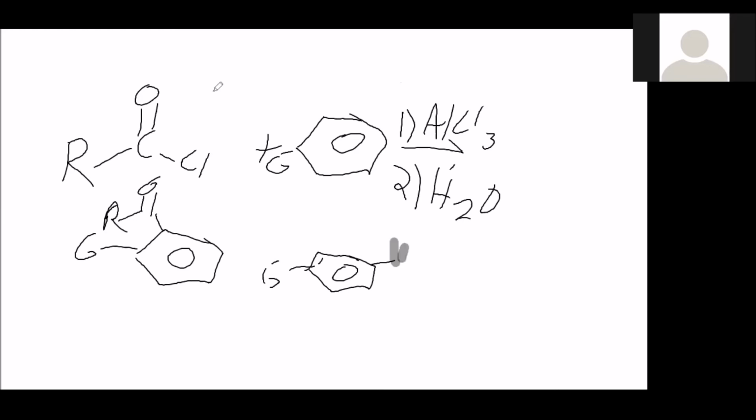That was one way we made ketones, but that requires you to already have a ketone or some sort of acid chloride. So that's not super helpful, but it's a way to make phenyl ketones and phenyl aldehydes.